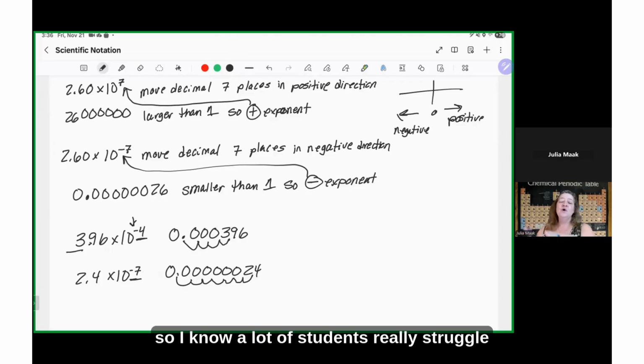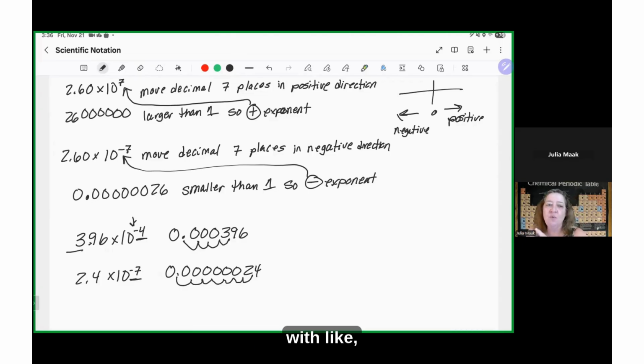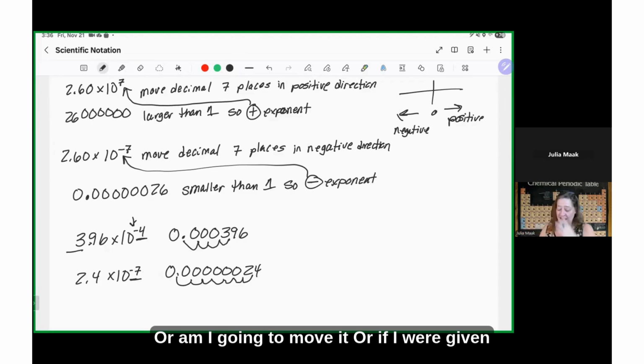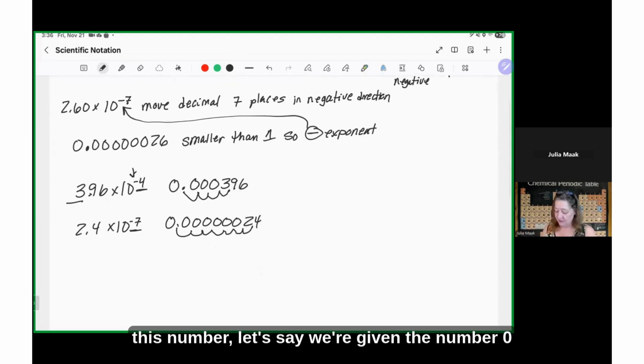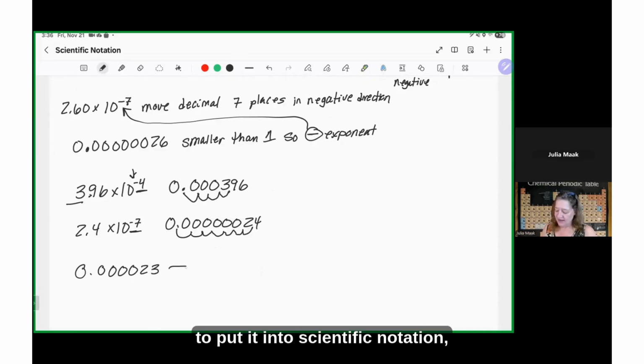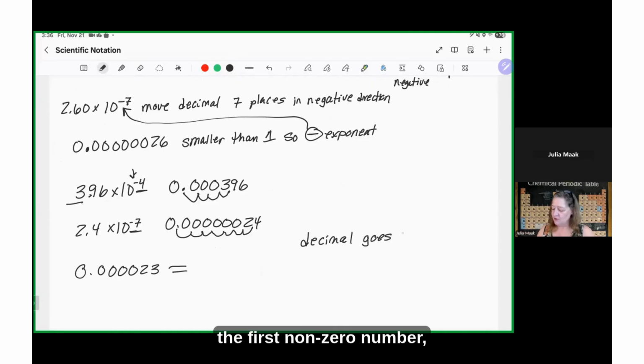Okay. So I know a lot of students really struggle with, oh my God, am I going to move that decimal to the left or to the right? Let's say I were given the number 0.000023. To put it into scientific notation, your decimal always goes behind the first non-zero number.